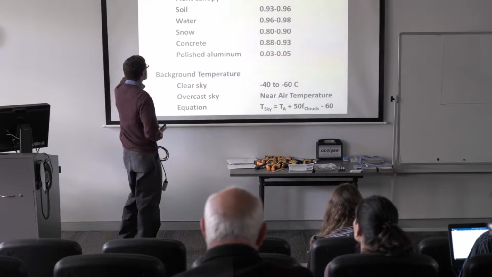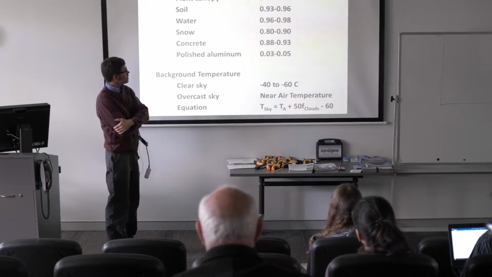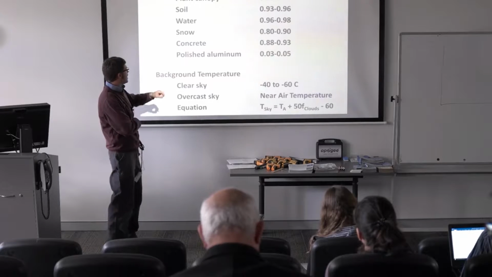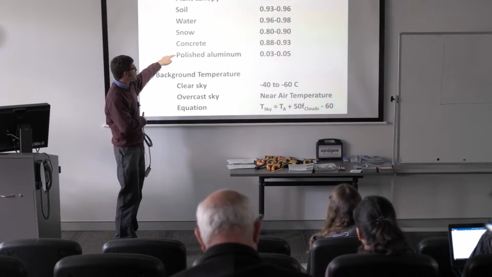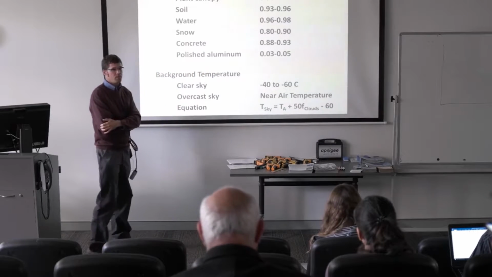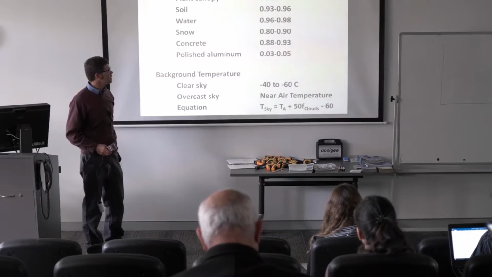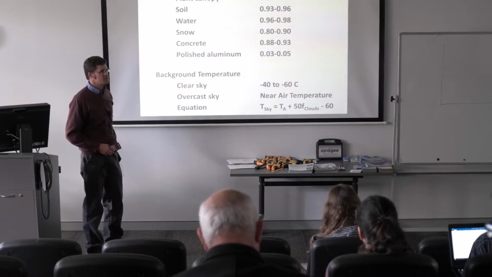And so take a look at these numbers for a second. And I can tell you the side of the Leslie cube, it's polished stainless steel. So polished aluminum has an emissivity of around 0.03 to 0.05. Polished stainless steel will be something similar. I don't know the exact number, but it will be something similar.